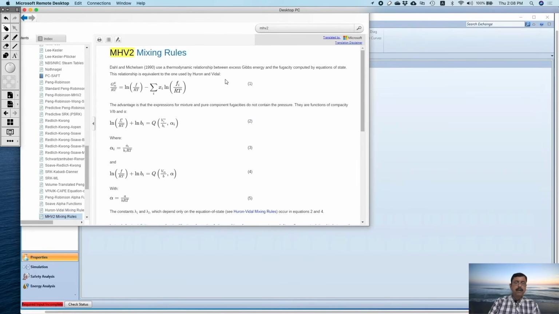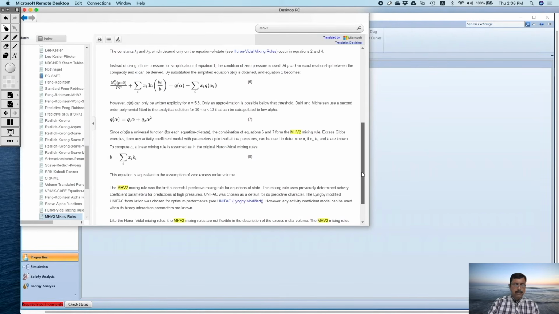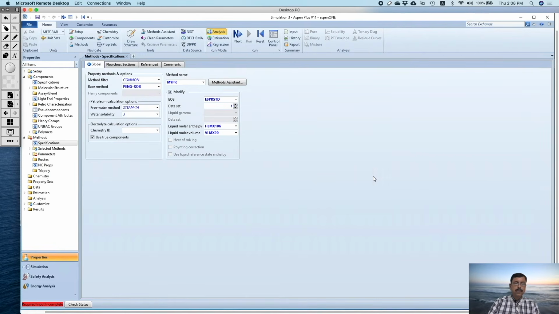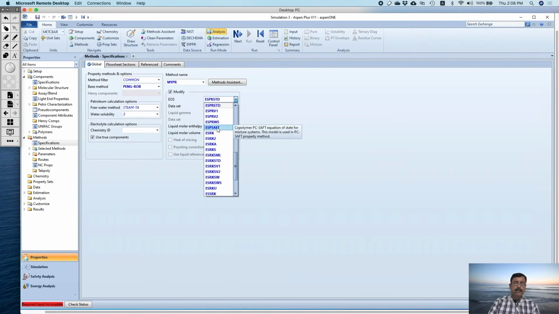So this is the MHV2 mixing rule that is used in that type of Peng-Robinson extension. And this has been taken from the Dahl and Michelsen paper from the AIChE Journal, published in 1990. Again, an authentic source. So that is how you can change the Peng-Robinson equation of state as per your wish. If you do not want to use the default one, it will give you the options.